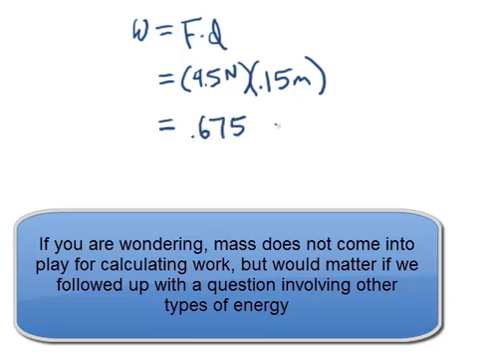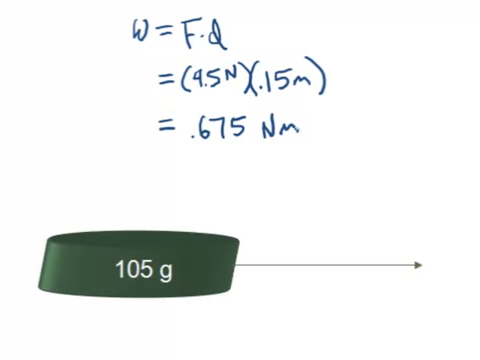And the units for that would be newton meters, but nobody ever calls energy units newton meters. A newton meter is the standard unit of force times the standard unit of distance. That corresponds to the standard unit of energy, which is a joule. So 0.675 joules.